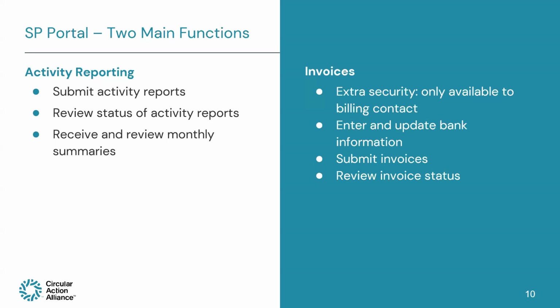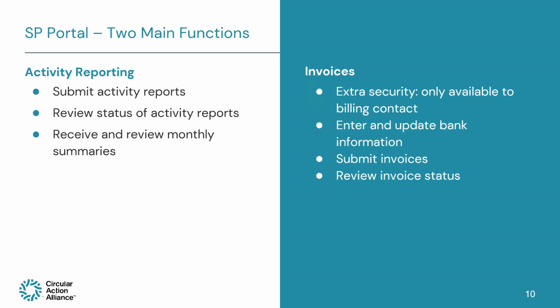Those are some of the reasons that the data could get rejected. And then we would work with you individually to review and update, and then you can resubmit the report. We can also resubmit them on your behalf if it was something that was missing from our system.